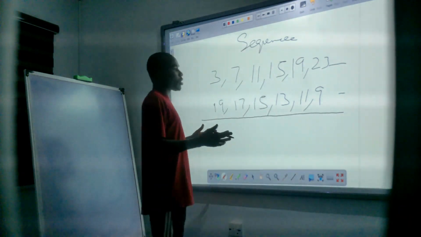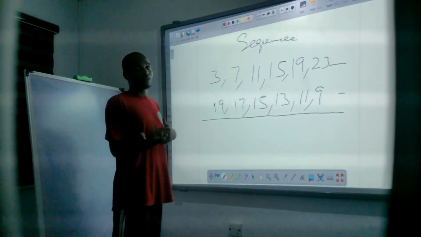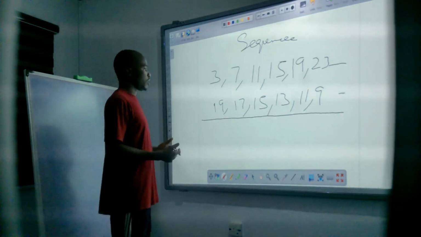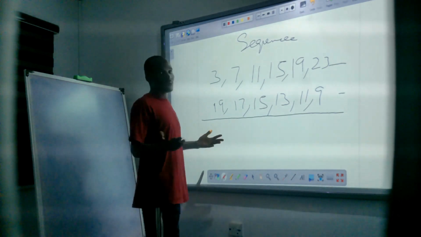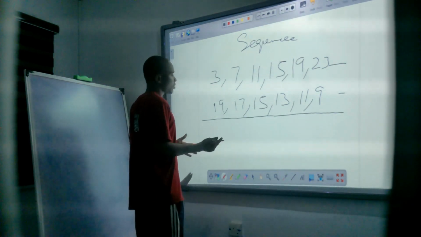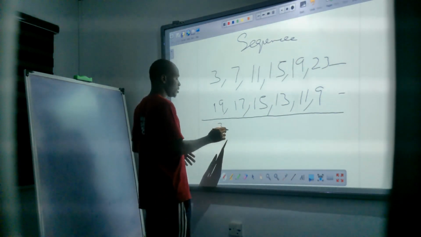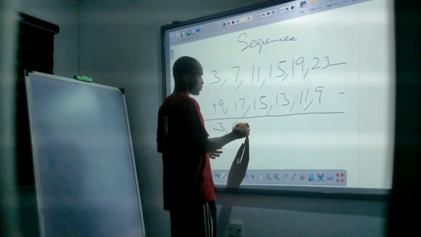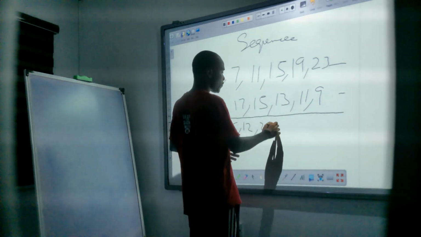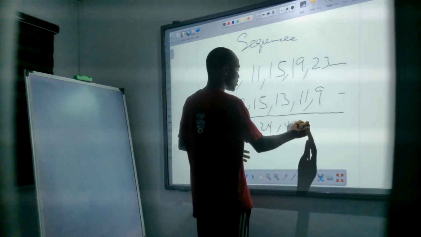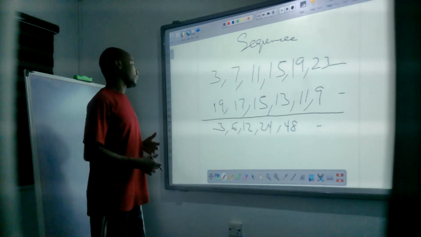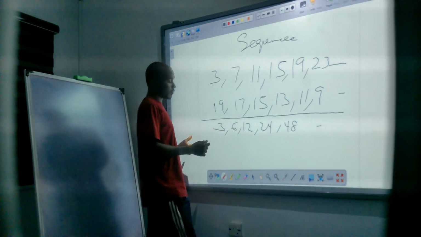Based on what we have here, we can also have other flows of sequence. Another flow of sequence we can have is in this manner: 3, 6, 12, 24, 48, and so on.